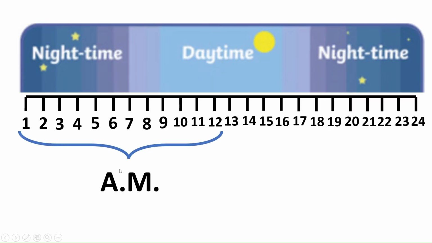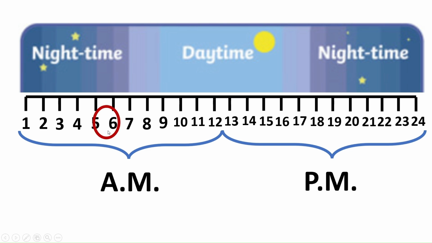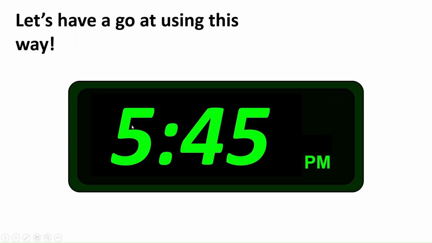Let's look at where it says AM. We remember that it was 5:45. We can see that 5:45 is somewhere around in between the 5 and the 6. And if we draw an arrow, we can see that that's nearly at the night time, but almost turning daytime.